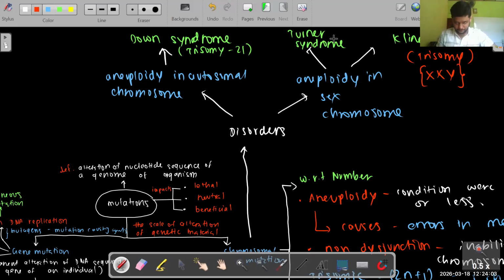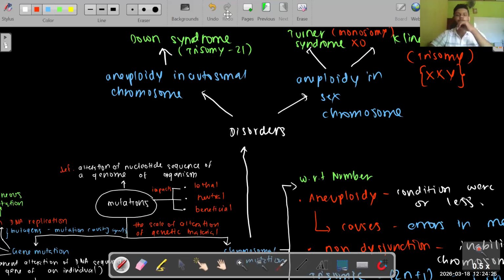Turner syndrome is monosomy, right? It has a genotype of XO. For the XO condition, there is a special term.